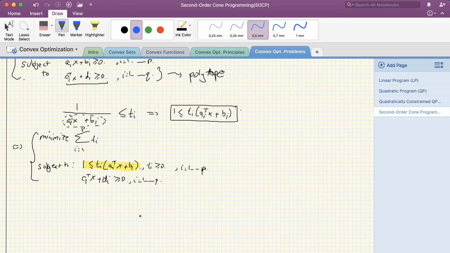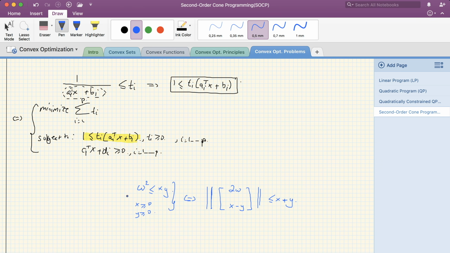So let's say I've got a number w such that w squared is less than xy, where x is non-negative, and so is y. Then this is the equivalent of the following inequality. In the norm, this vector with 2w in the first entry and x minus y in the second entry is upper bounded by x plus y.